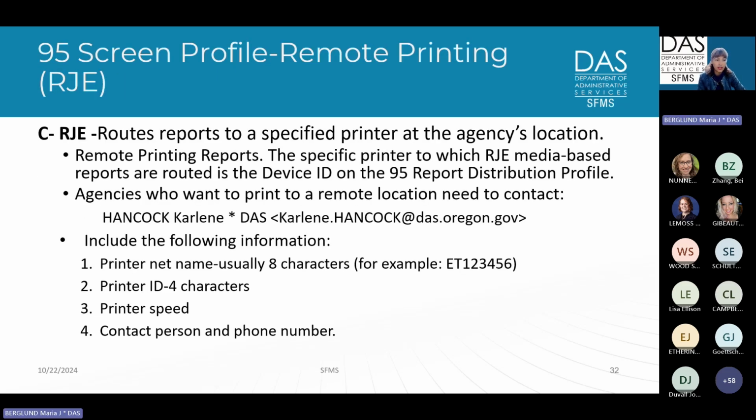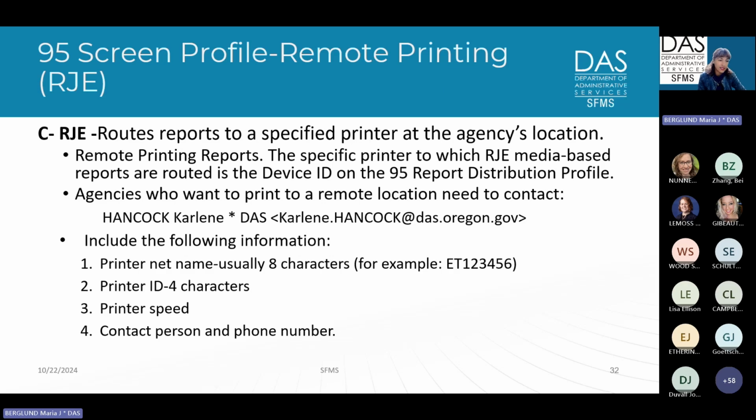Then we have another media type called RJE, which routes reports to a specified printer. This is used in very specific scenarios when the report needs to be printed in the agency on a specific printer.